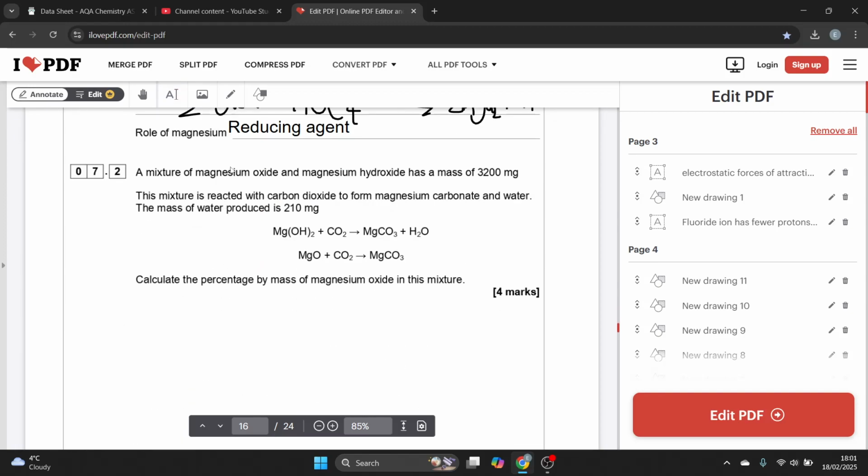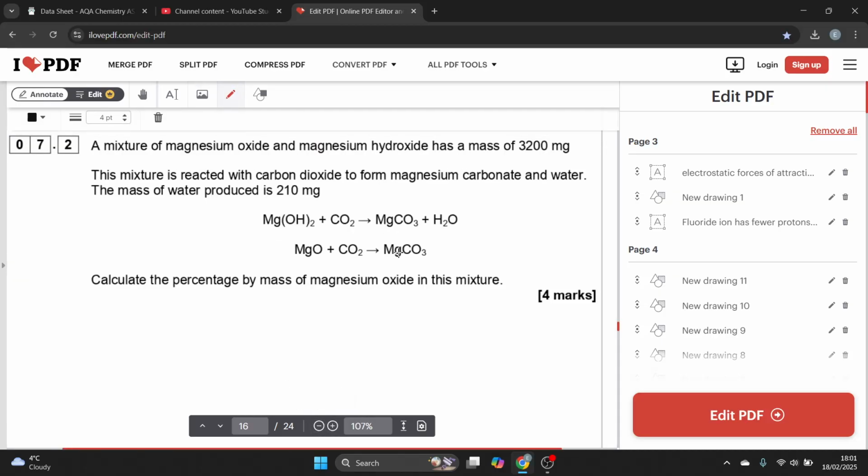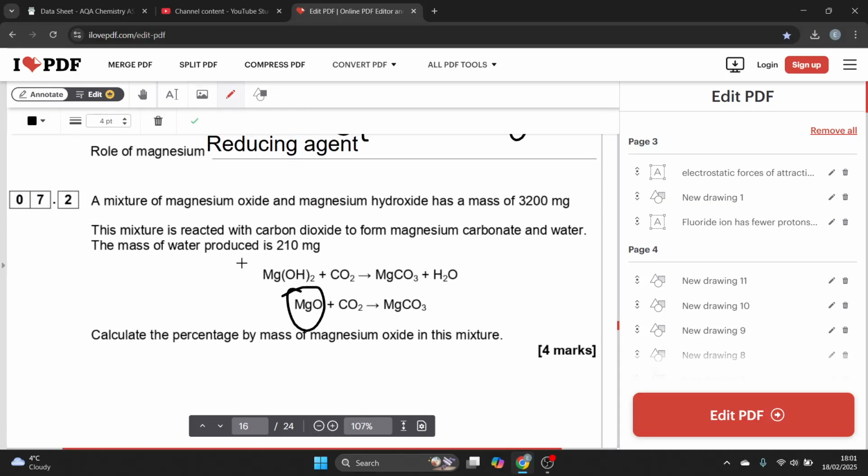Calculate the percentage by mass of magnesium oxide in this mixture. The mixture is magnesium oxide and magnesium hydroxide, which has a mass. The mass of water produced is 210 milligrams.